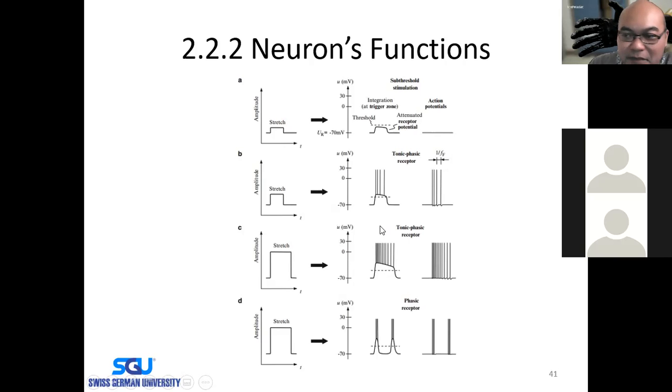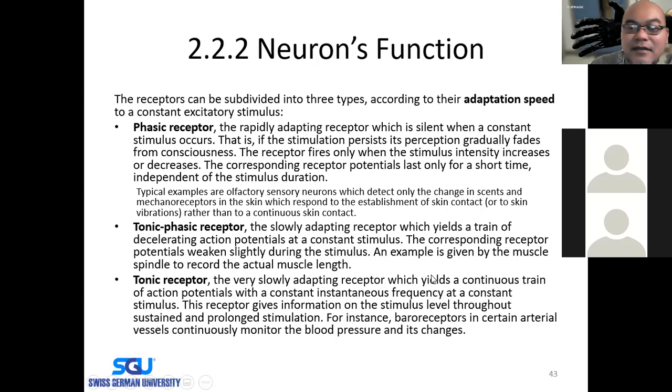The frequency of the impulse is also high, but then the frequency gets lower and lower, but it is still there, so we still feel it, and only after the stretching is turned off does it completely turn off. In a completely tonic receptor, like the baroreceptor inside our body, measuring the blood pressure all the time, it really measures the actual level at that particular time. So this is how the different sensory neurons function in our body.